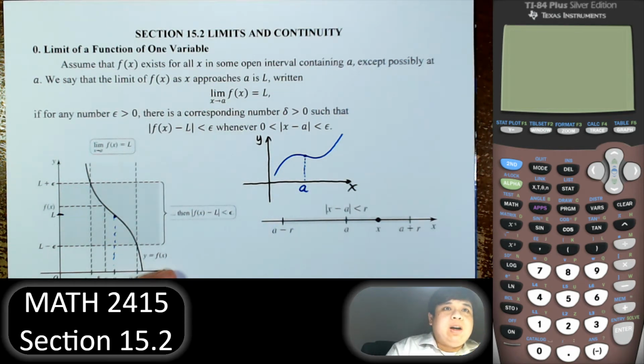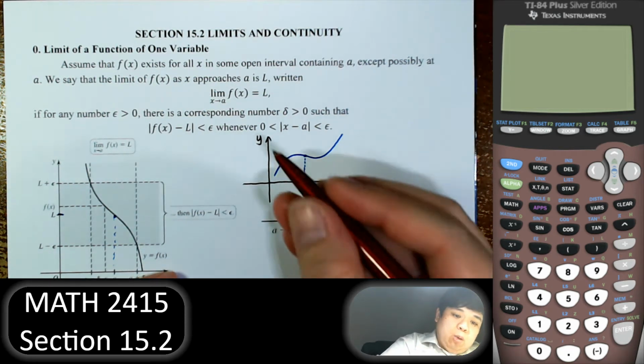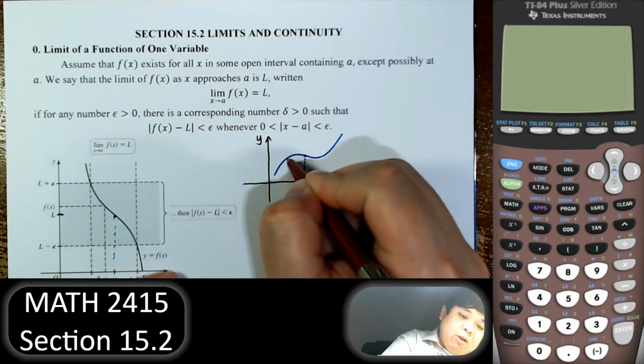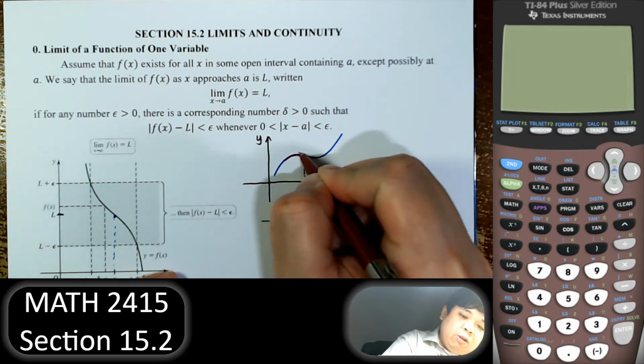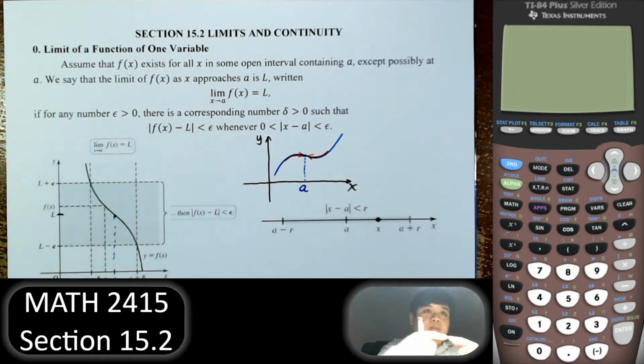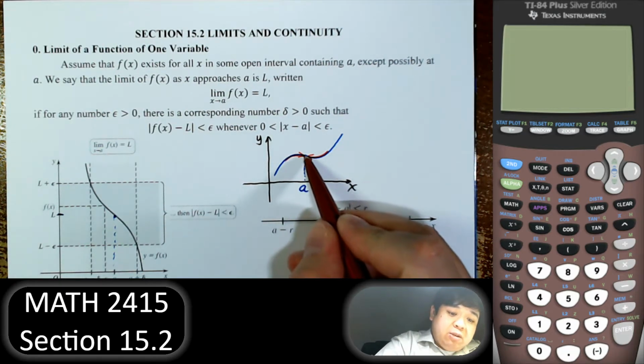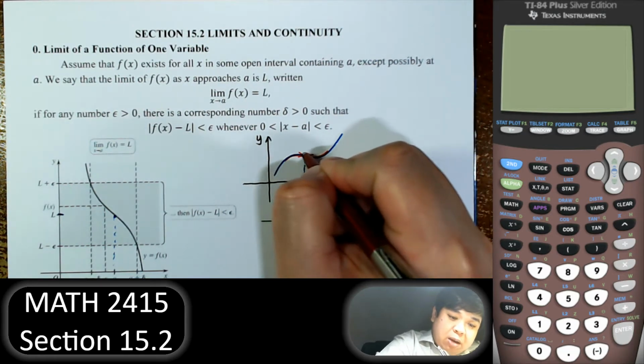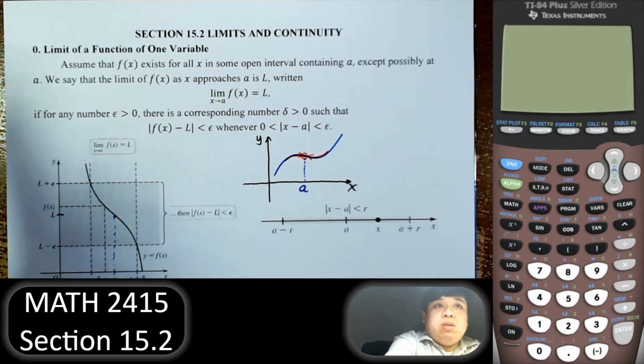When we're trying to find the limit of the function, we find the y values that the function approaches from the left and from the right. If they come from both sides and go to the same point, that will be the limit of the function. Whether the function is defined at the point or not, it might be an empty circle here, doesn't matter.